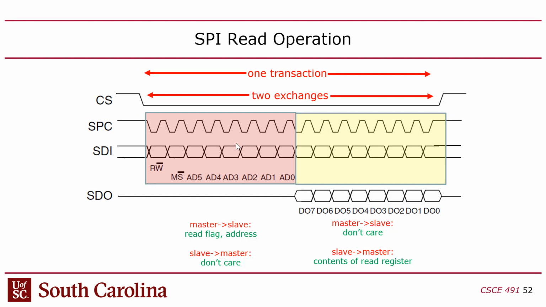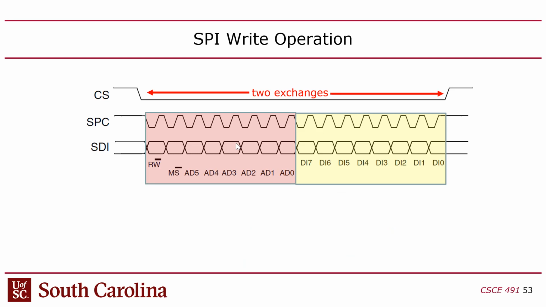Now you might ask, why are you showing data on that second exchange on SDI or MOSI? I don't know, because it's not my design. We pulled that timing diagram from a data sheet. That's one I didn't generate. Of course, write is when you just have outgoing data.